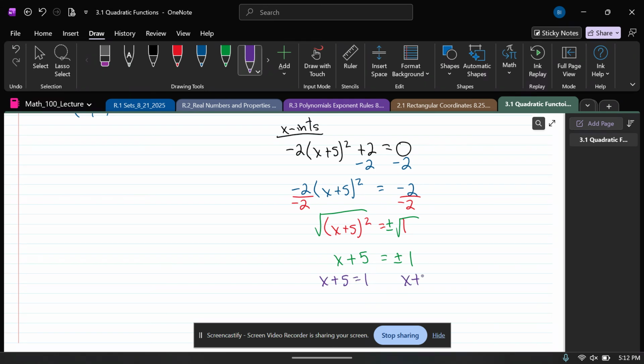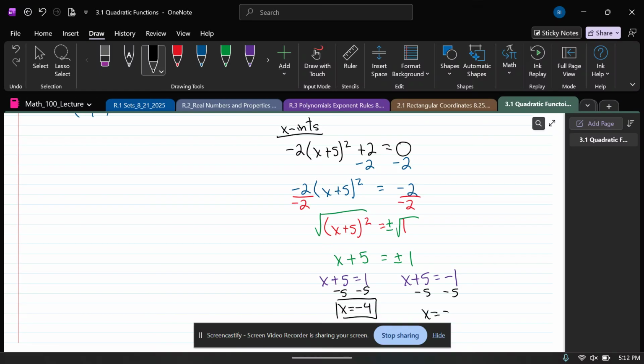And I have x plus 5 equal to negative 1. I'm going to try to get those to have x by themselves. Take your steps. Subtract 5. There's negative 4. Subtract 5.